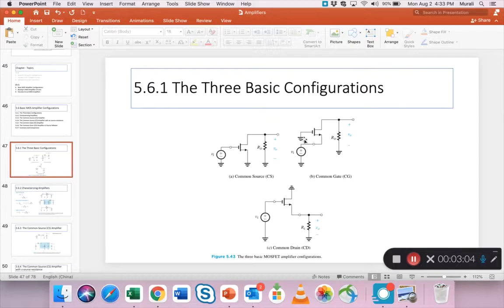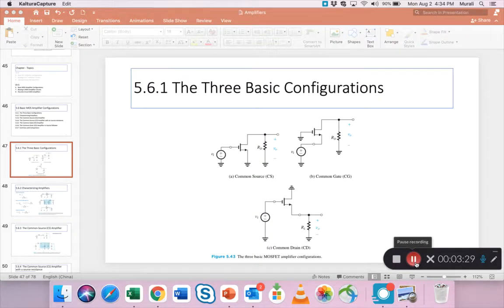Sorry, I'm going to keep getting confused. The output is between the drain and the gate, right? So here, gate to source and then drain to source. Here the signal is between the source and the gate.